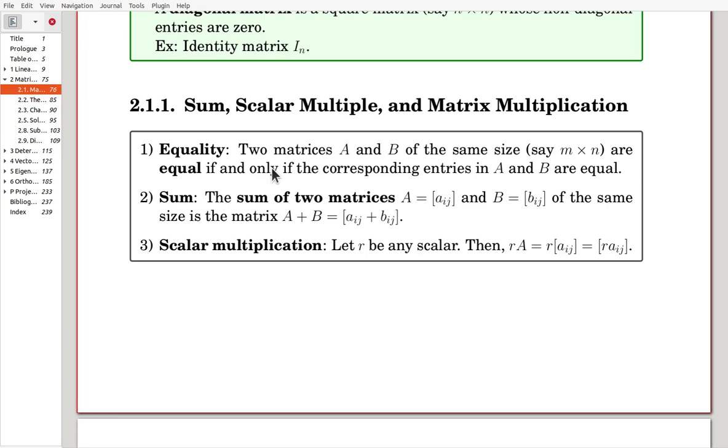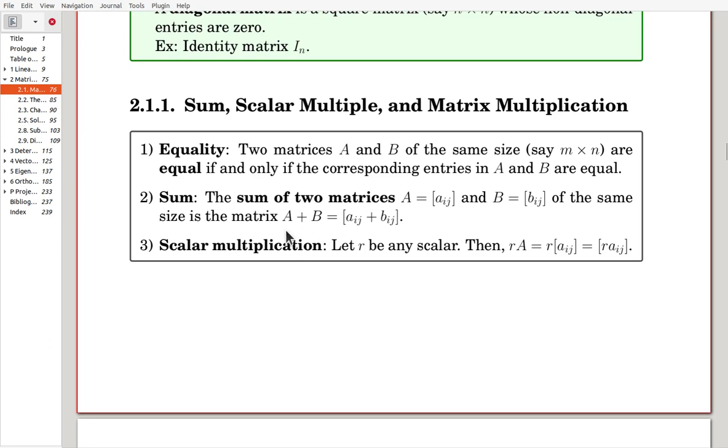Then we say the two matrices are equal. For the sum of two matrices A and B, of course, in summation also, the two matrices must be of the same size. Then you can add.